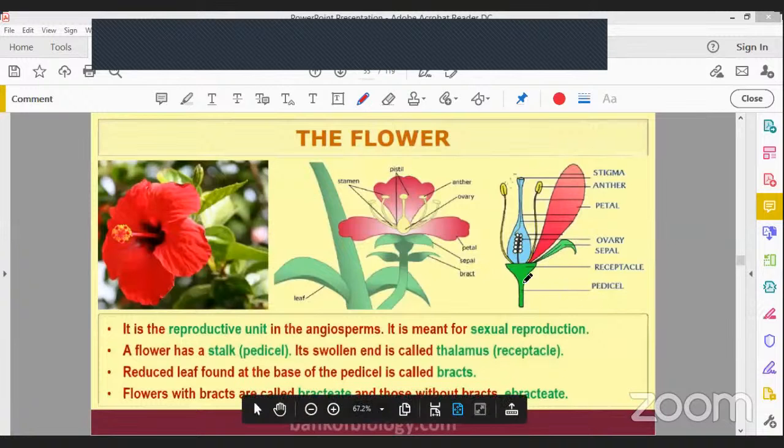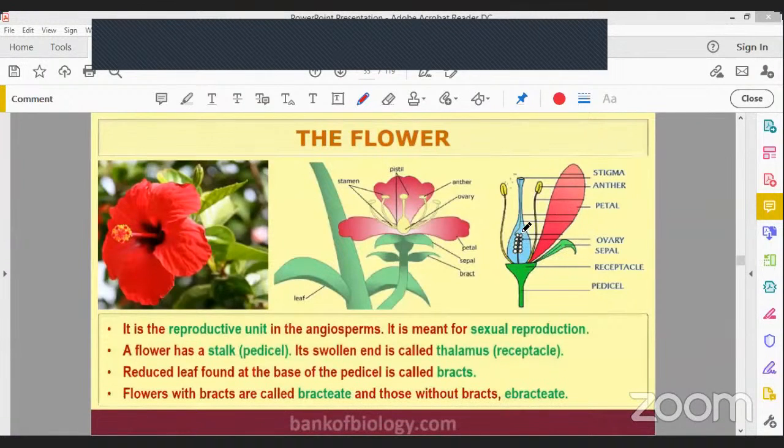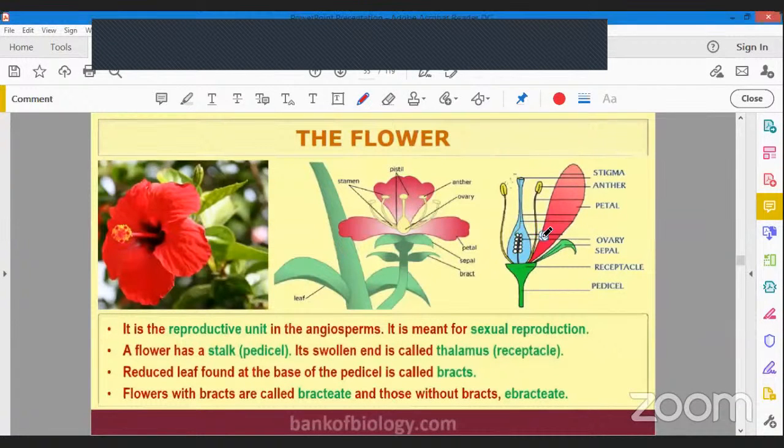Done. And remember, students, all the floral whorls, that are sepals, petals, androecium and gynoecium, everything is borne on the receptacle and nowhere else.